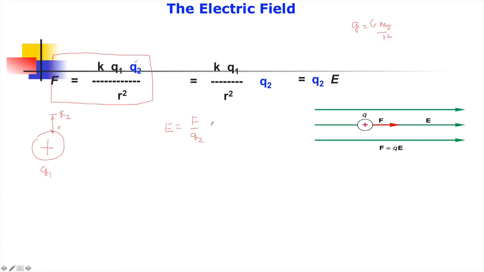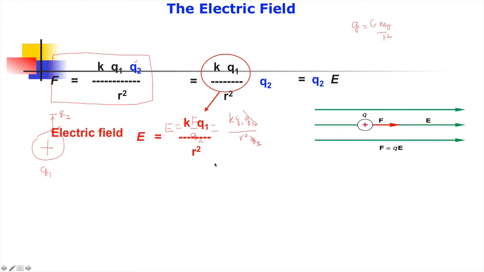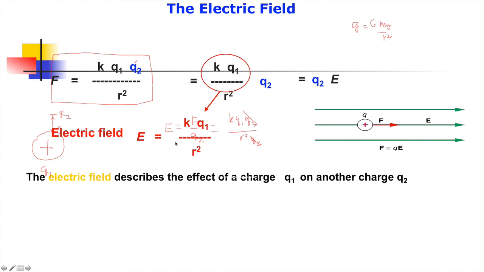Okay. So if you substitute k Q1 Q2 divided by R squared for the force, you still have the other Q2 in the denominator. Then this Q2 will cancel out by this Q2. So therefore, the electric field is calculated as this, you see?